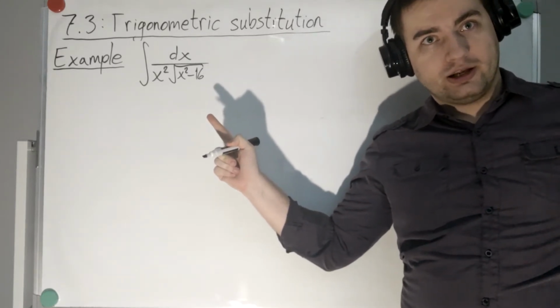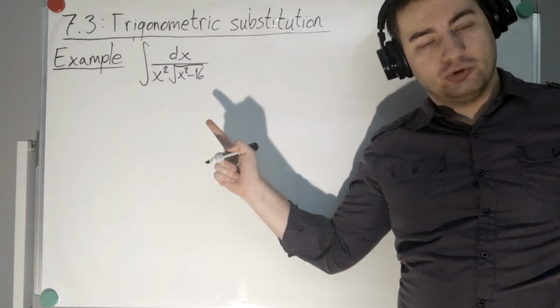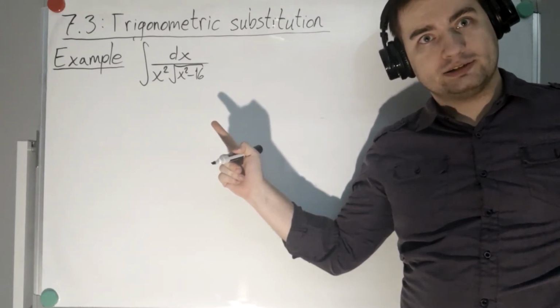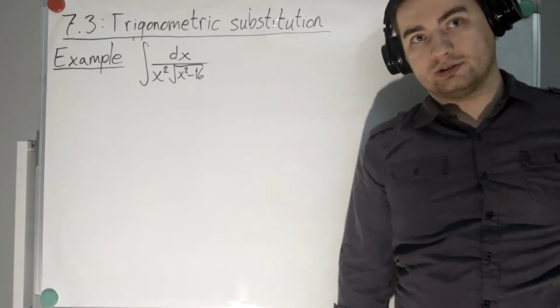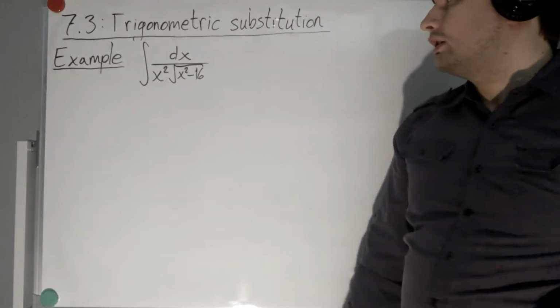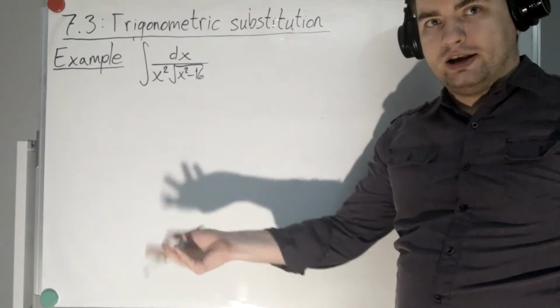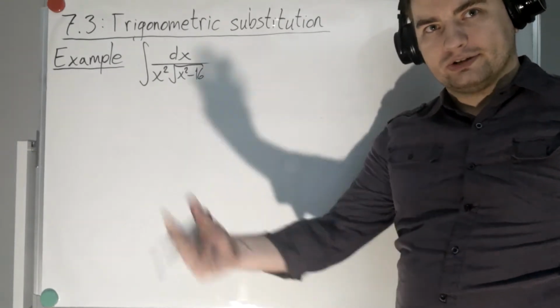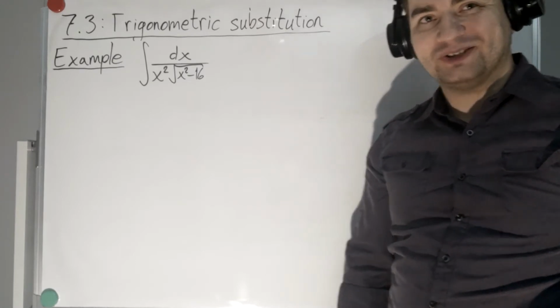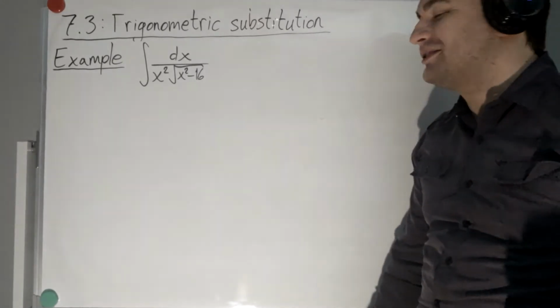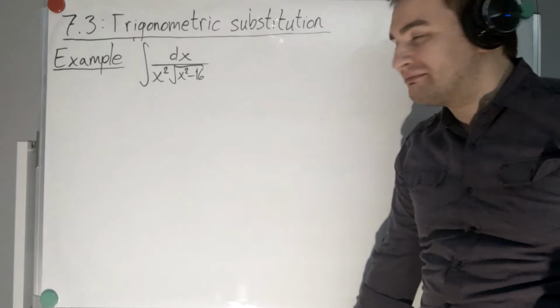If you set something like x squared minus 16 to be u, then du ends up being 2x dx, and then you have nowhere to put that extra factor of x, right? And of course, any other selection for u is also going to have similar problems, I think. I don't know for sure, but I can't think of a u substitution that would work for this.